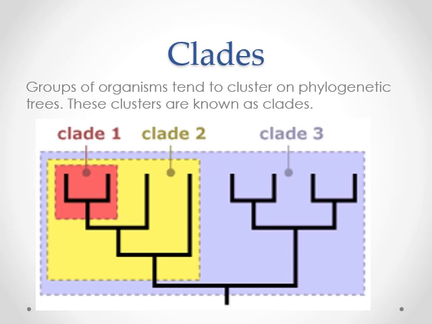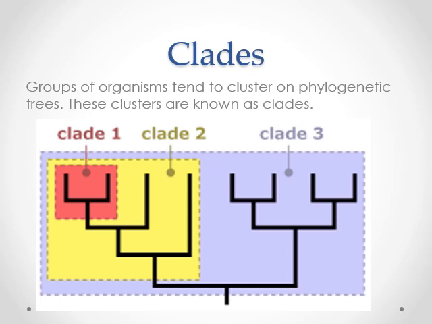If you look here, we've got different examples of clades. This over here, these two organisms are a group. They are clade 1. They're just a group. You can look broader. The individuals in this yellow box, they are clade 2. They're a group. They're considered a clade. And then finally, this whole thing is considered a clade.